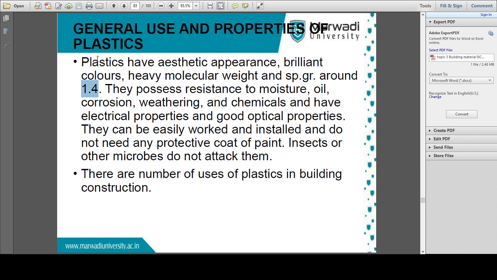So you need to remember that under plastic properties, plastic has aesthetic appearance, brilliant colors, heavy molecular weight and good specific gravity. You can skip the figure of 1.4 and simply write good specific gravity.